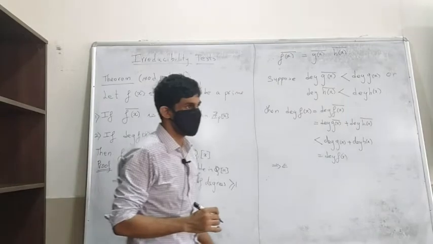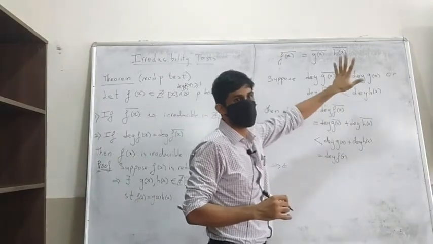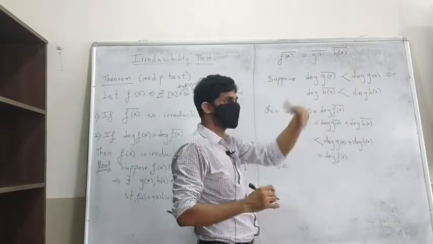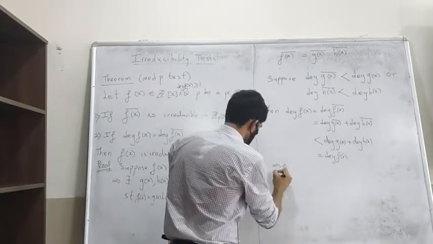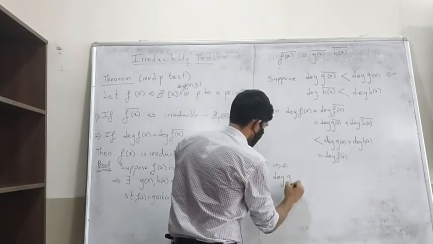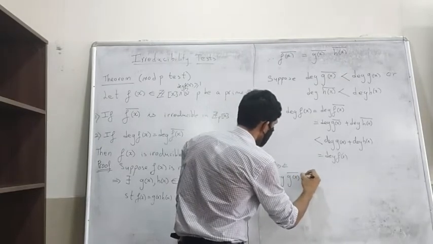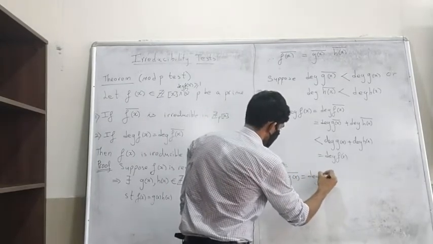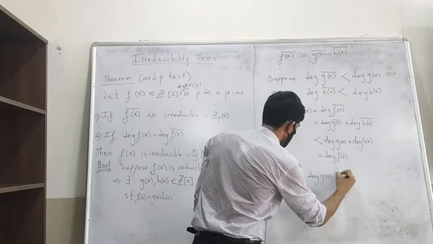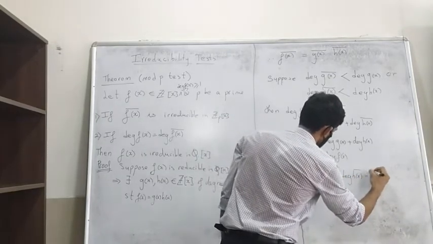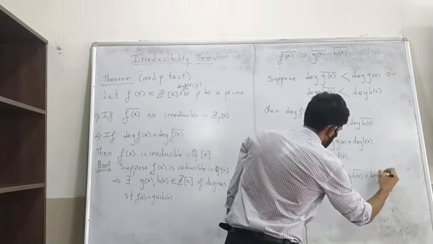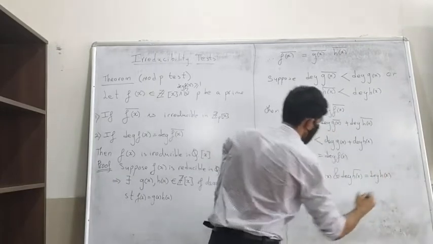Greater than or equal to, but then the greater cannot happen ever. When I reduce modulo p, no greater degree. So therefore the degree of g bar is equal to the degree of g(x), and the degree of h bar is equal to the degree of h(x).